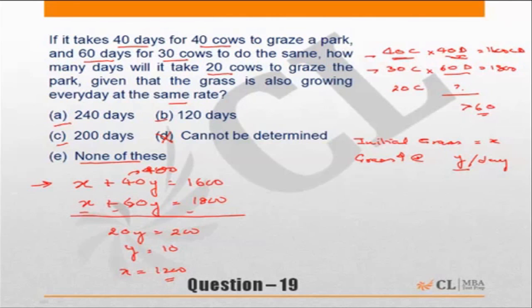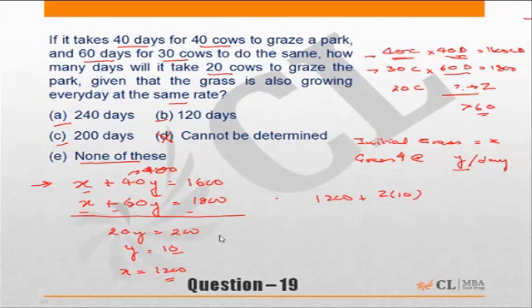So if 20 cows can graze the park in, let's say, Z days, then we can say X, which is 1200, plus Y, the amount grown per day, Y into Z, because the number of days for which the grass will grow is Z days, Z into 10.